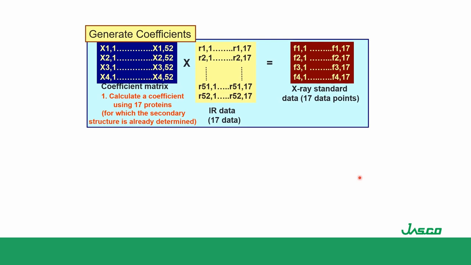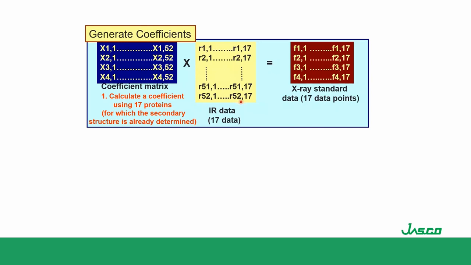So how do we do that? Since this technique is based on Beer's law, and Beer's law can be thought of as a line, the technique that we use is a matrix, and this matrix is made up of the information of 17 different proteins, and this data comes from the X-ray standard data.